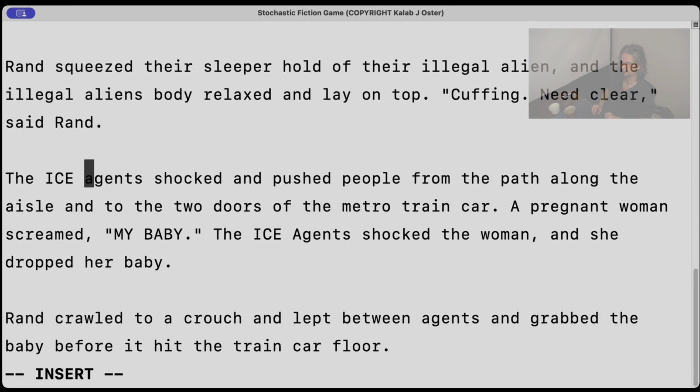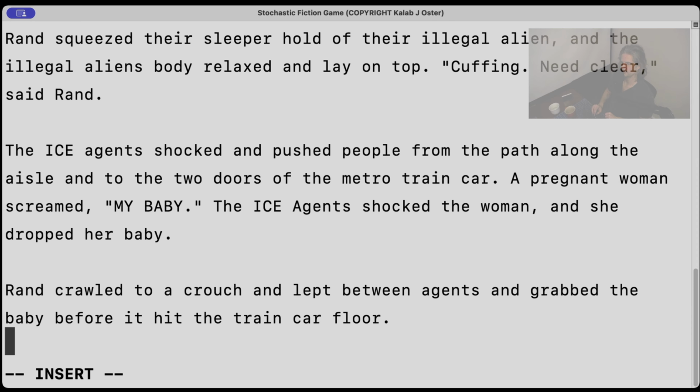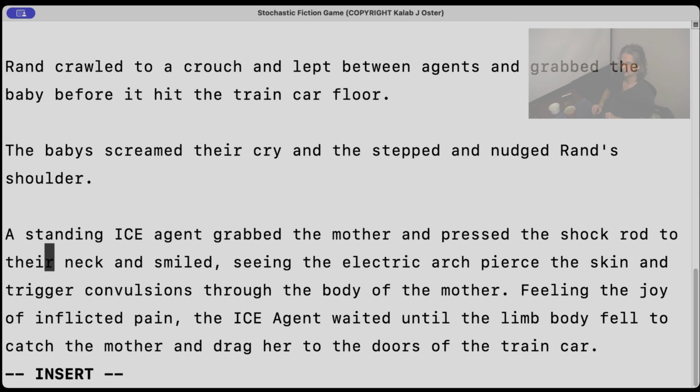"Cuffing, need clear," said Rand. The ICE agent shocked and pushed people from the path along the aisle and to the 2 doors of the metro train car. A pregnant woman screamed, "My baby!" The ICE agent shocked the woman and she dropped her baby. Rand crawled to a crouch and leapt between the agents and grabbed the baby before it hit the train car floor. The baby screamed its cry and people stepped and nudged Rand's shoulder.